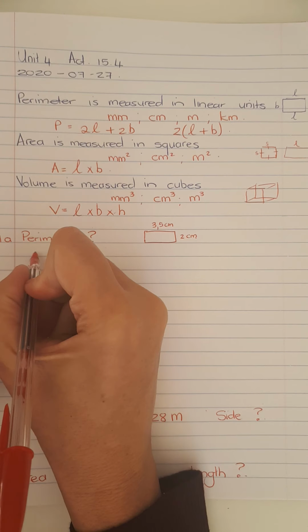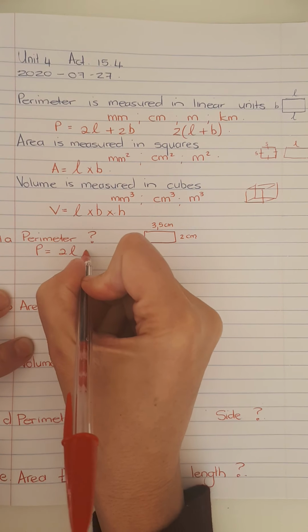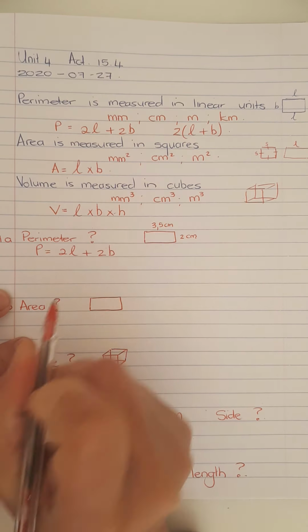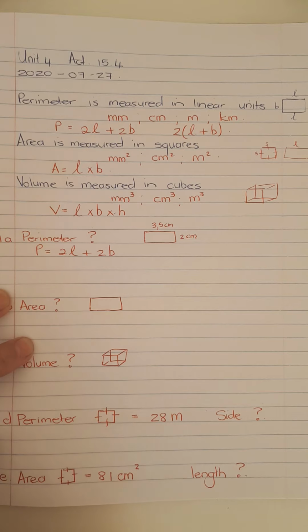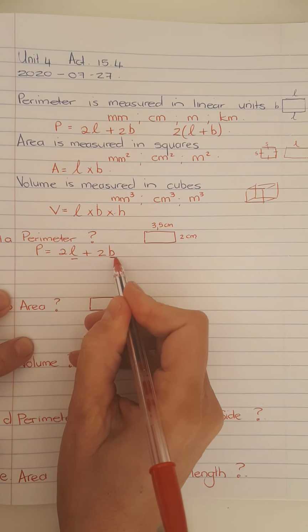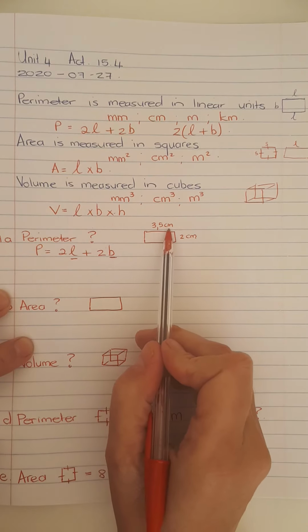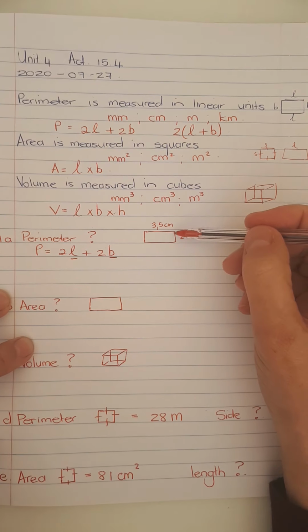Perimeter of a rectangle will be P equals what? 2 times the length plus 2 times the breadth. Now, we substitute, because do you see that L and that B? They are variables. They can change because I can have a different length next time and a different breadth.